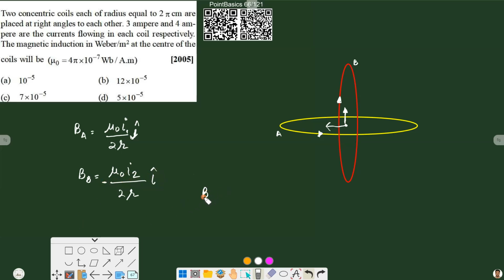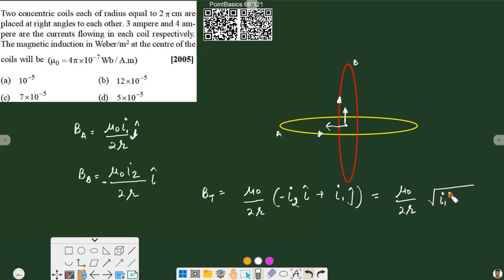So the total field will be mu naught by 2R common, with negative I2 i plus I1 j. We can find the magnitude from here. The magnitude will be mu naught by 2R into the square root of I1 square plus I2 square.